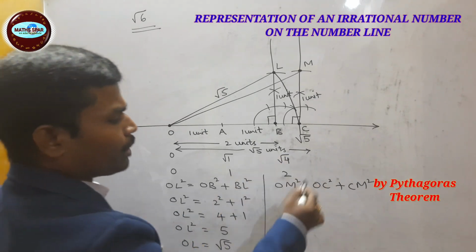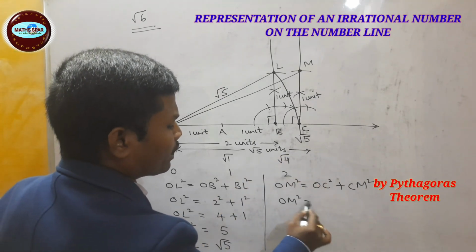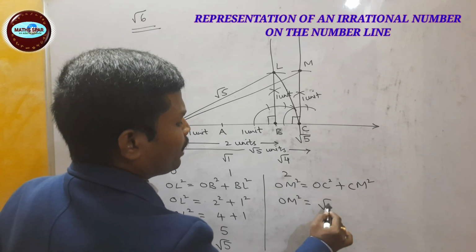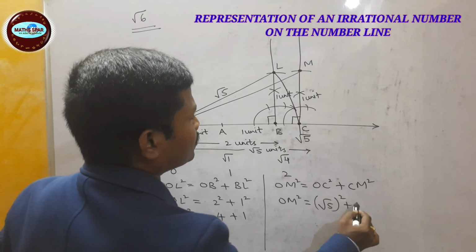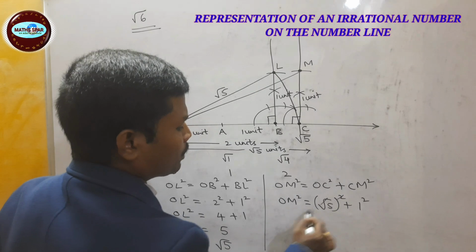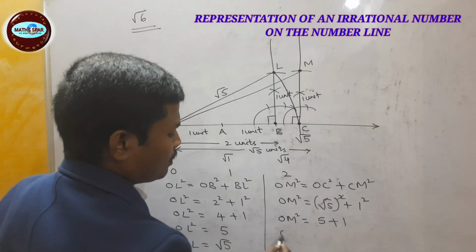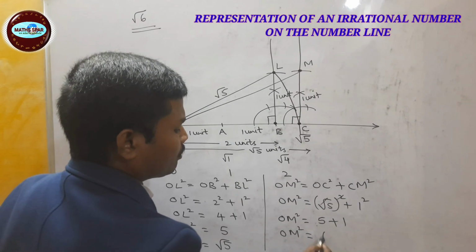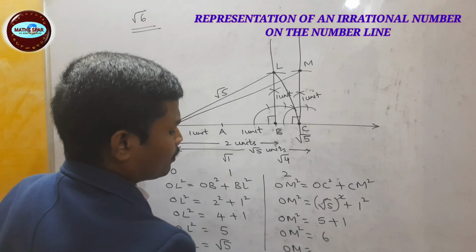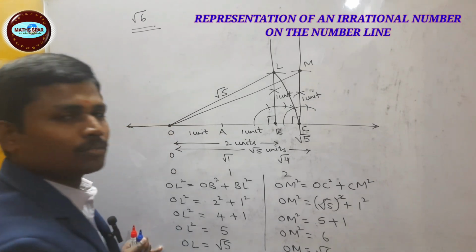So OM square is equal to root 5 whole square plus 1 square. Square and root get cancelled. OM square is equal to 5 plus 1. OM square is equal to 6. OM is equal to root 6.